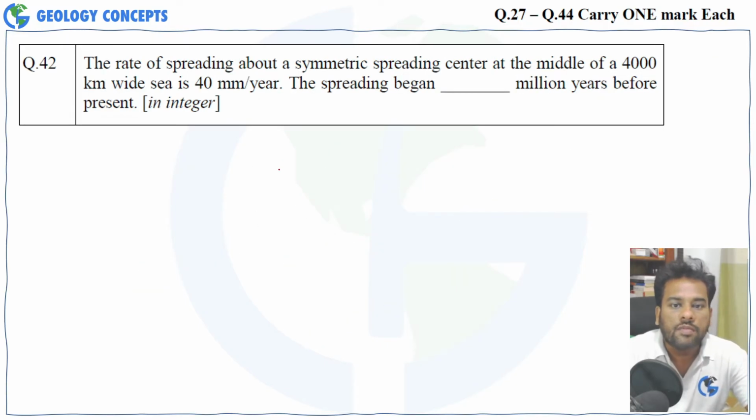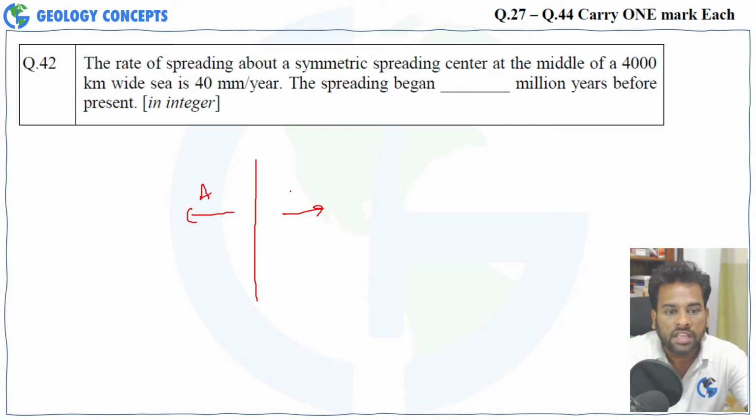The rate of spreading about a symmetric spreading center at the middle of a 4000 kilometer wide sea is 40 millimeters per year. Now the spreading center is like this. The rate of spreading means the rate at which they both are moving apart, A and B, which is 40 millimeters per year.